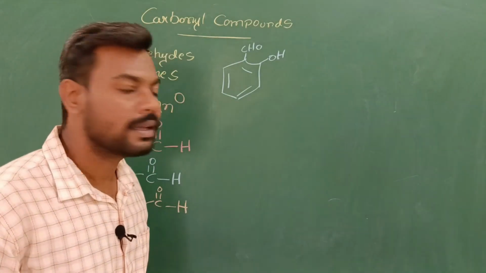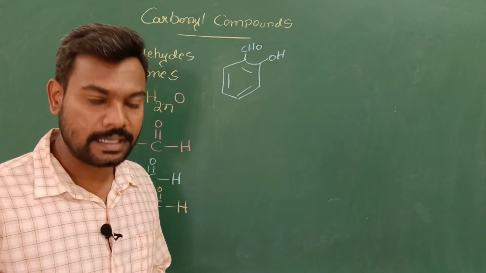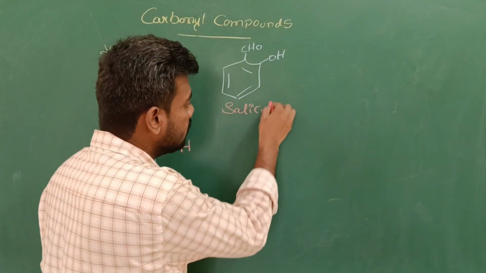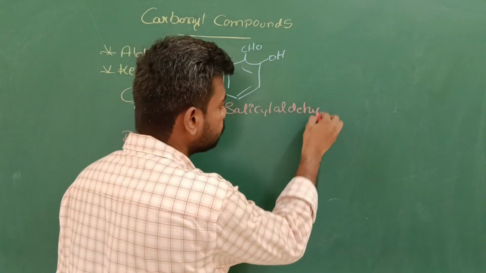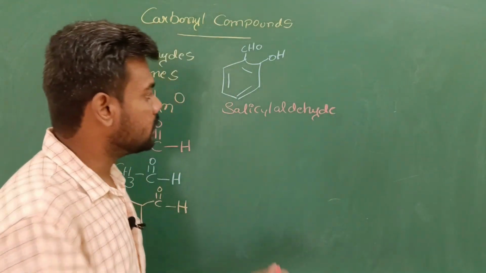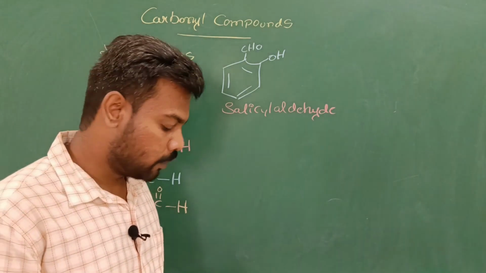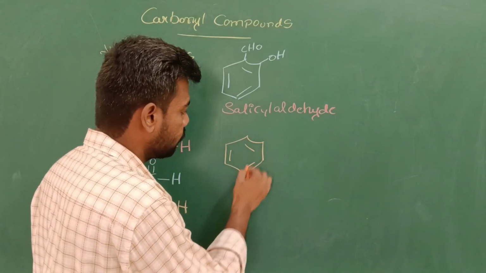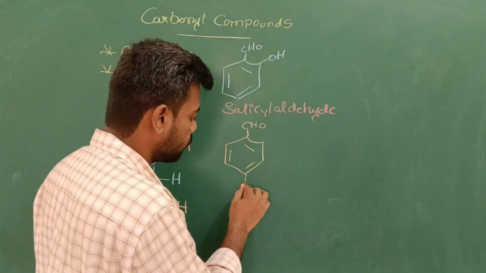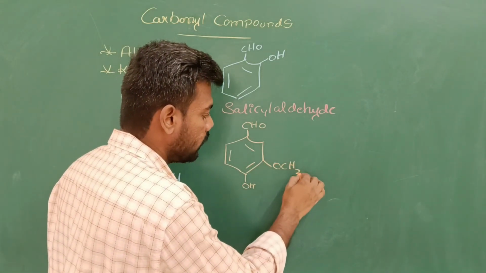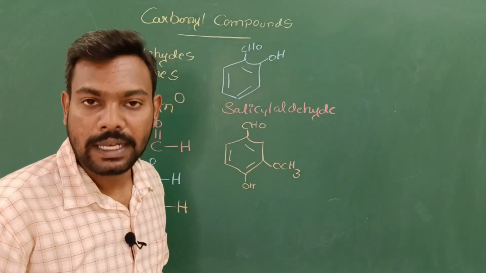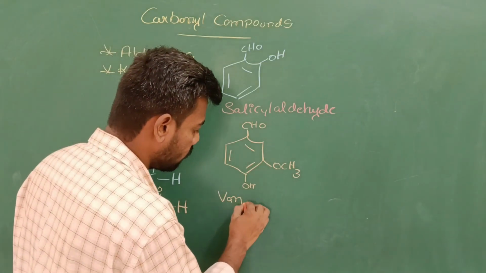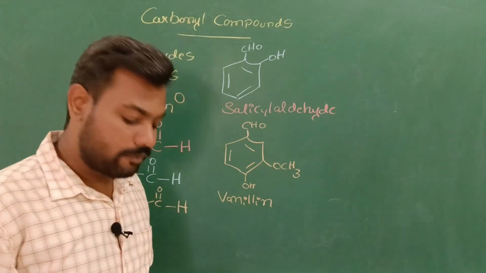There are some naturally occurring aldehydes, such as salicyl aldehyde, which is from meadowsweet. The next one is vanillin, which occurs in vanilla beans.